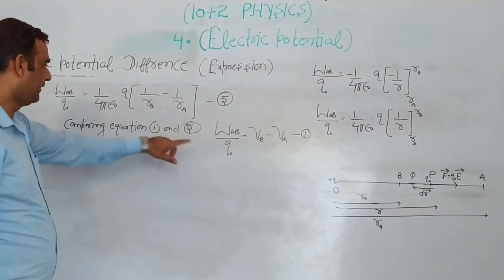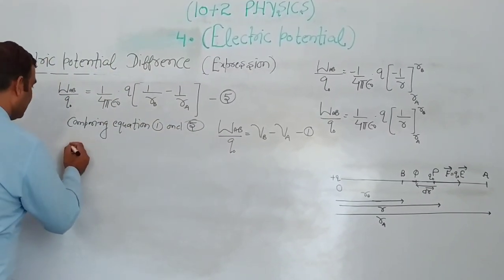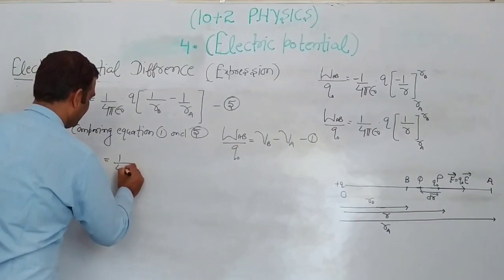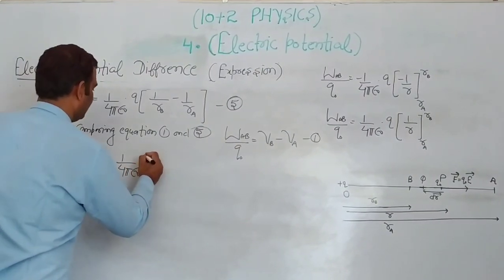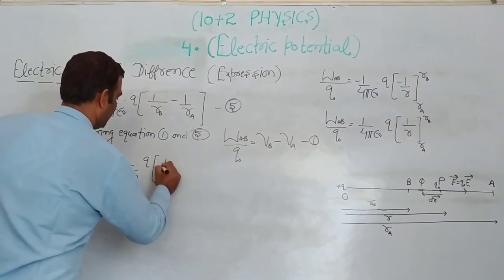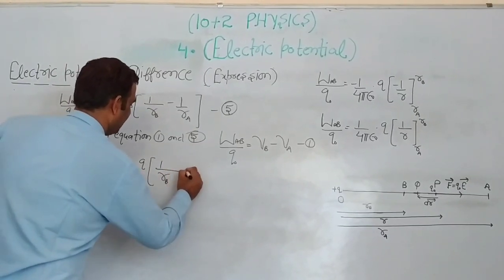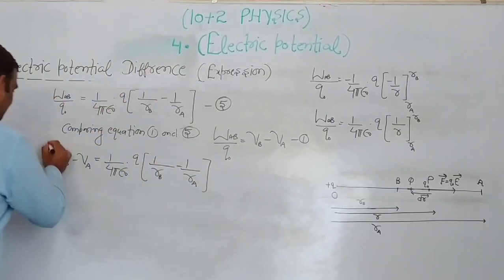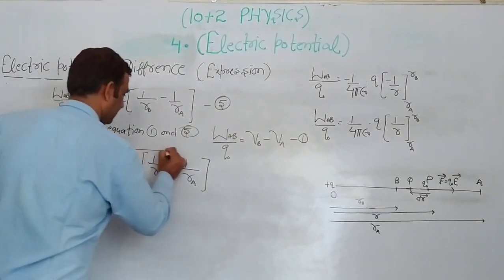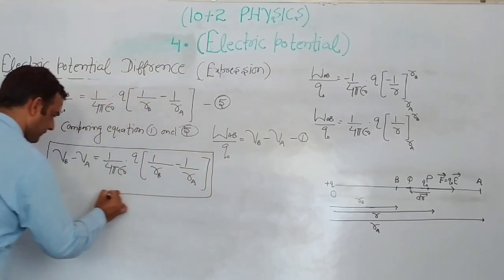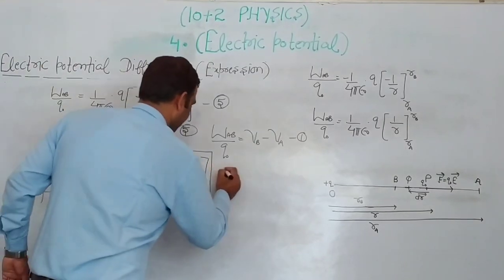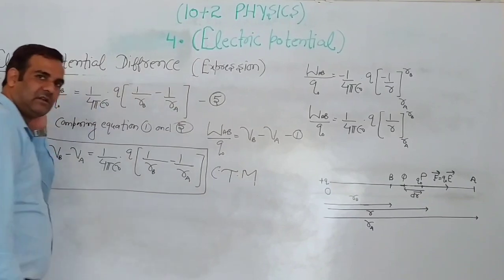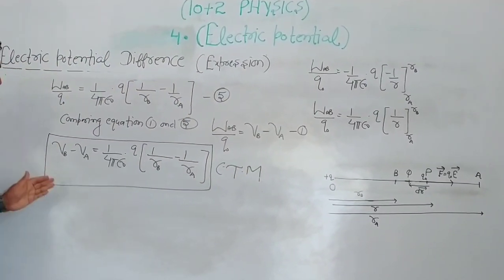From here, V_B minus V_A is equal to 1 upon 4 pi epsilon naught Q, 1 upon r_B minus 1 upon r_A. So this was our result for the electric potential difference.